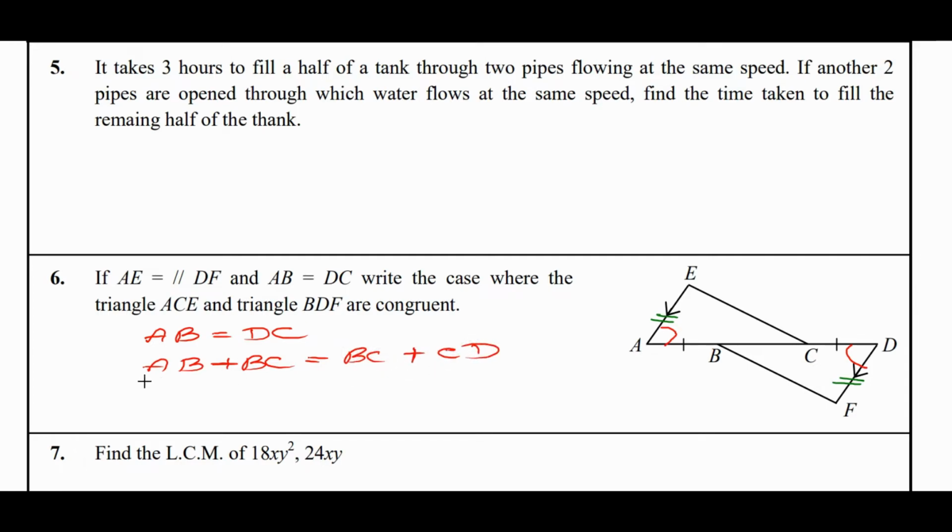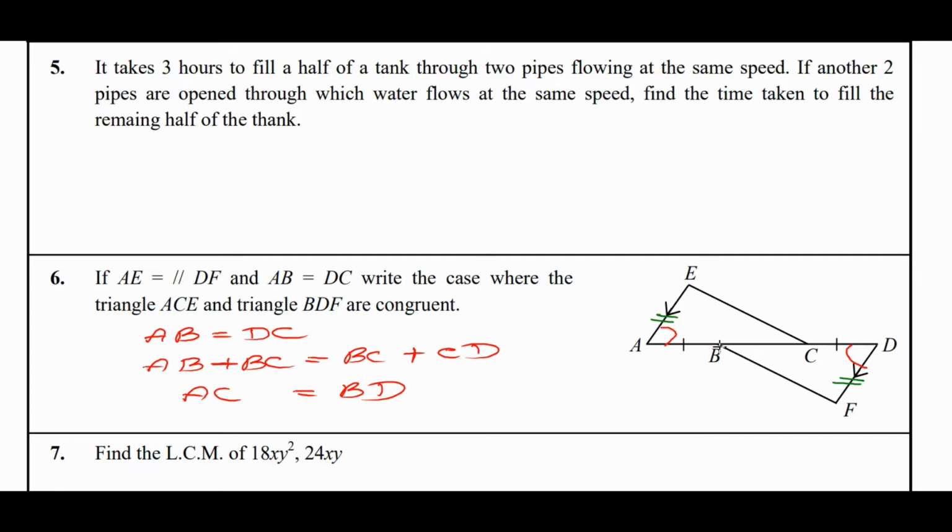Now look, AB plus BC means AC, and BC plus CD means BD. Therefore, AC and BD are equal. Therefore, side, angle, side. It's clearly congruent with the SAS method.